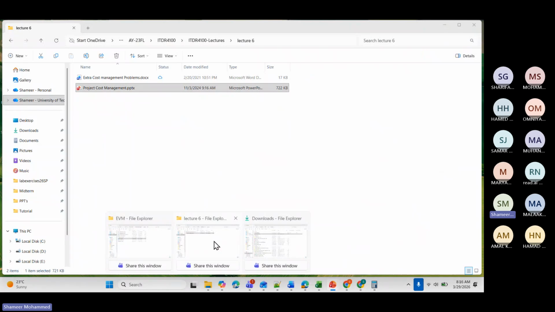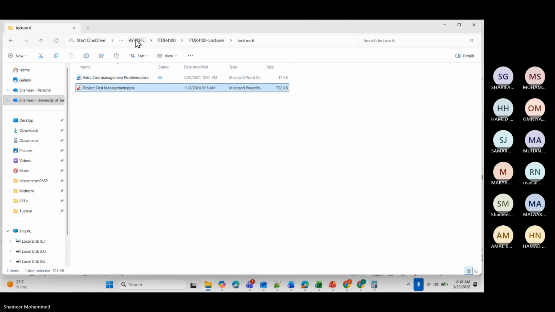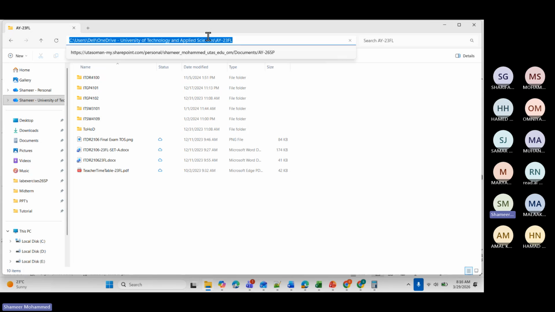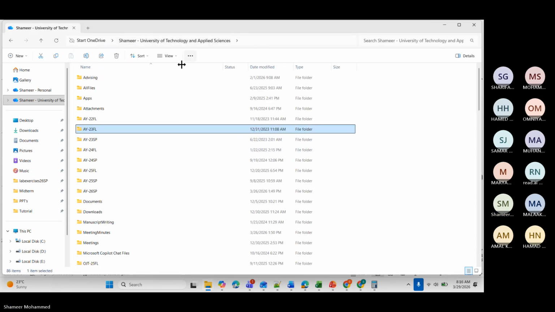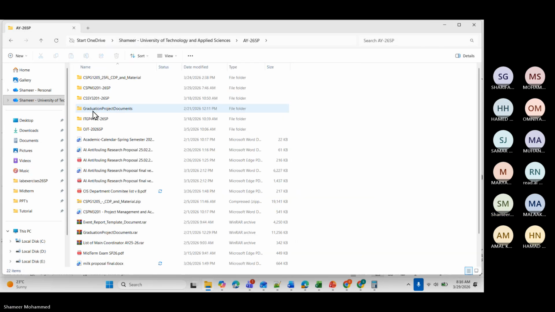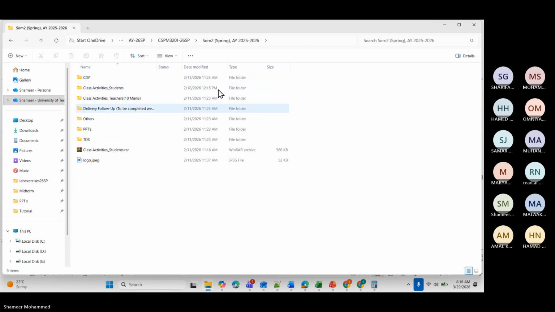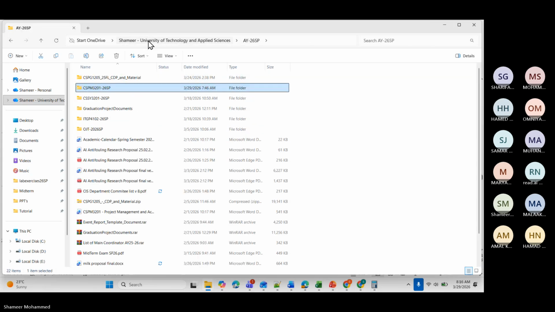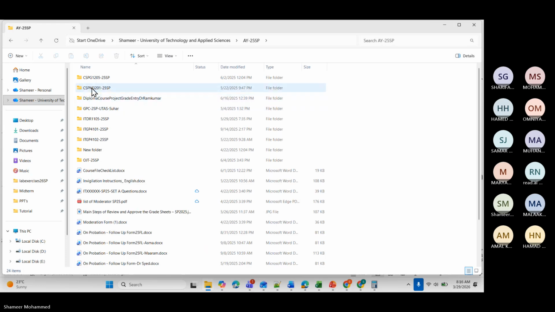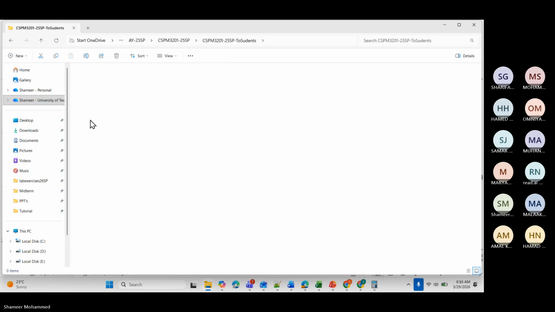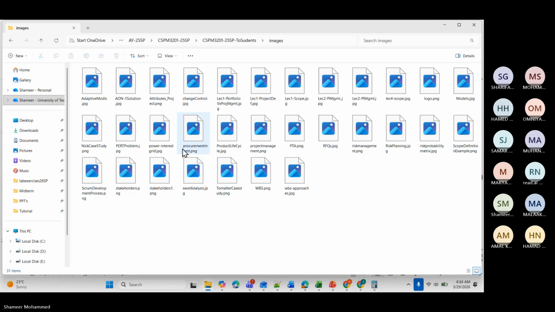When we go to the images folder, project.